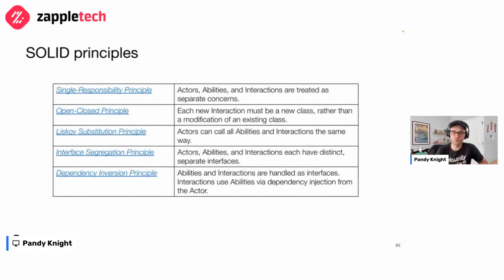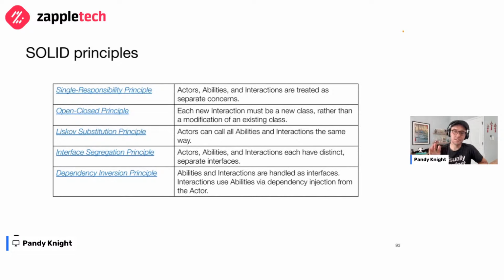For those who like object-oriented programming, the Screenplay pattern can be seen, in a sense, as a SOLID refactoring of the page object convention. SOLID refers to 5 design principles for maintainability and extensibility: single responsibility, open closed, Liskov substitution, interface segregation, and dependency inversion.